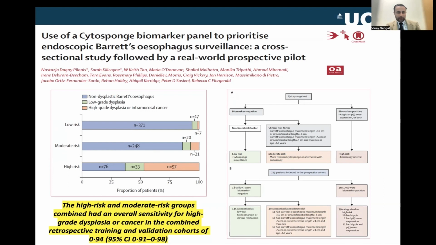They first applied this tool to retrospective data from BEST 1 and 2, and they found that this tool was able to detect patients with high-grade dysplasia or cancer with a sensitivity of 94%. They then validated this further in a prospective cohort of 223 patients and found that it was very accurate for detecting high-grade dysplasia or cancer, and perhaps this shall be the approach that will be needed moving forwards.